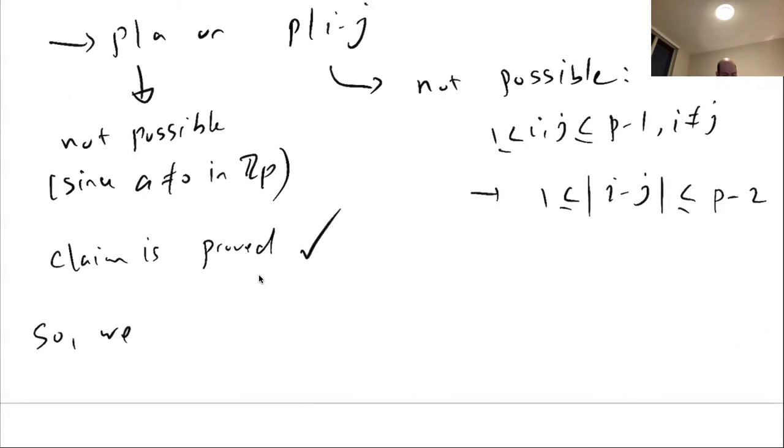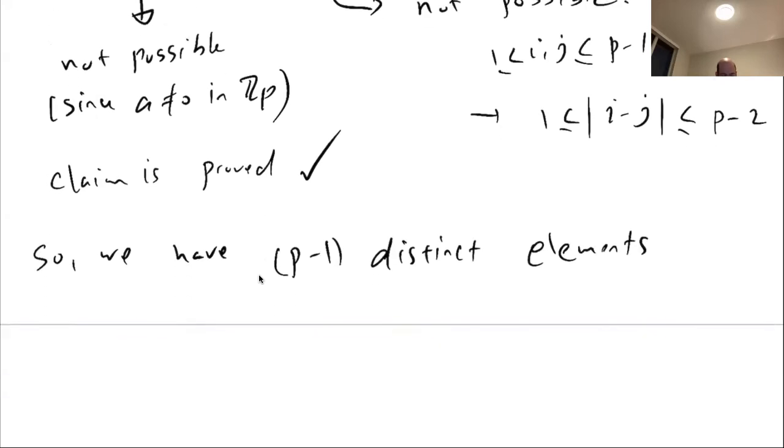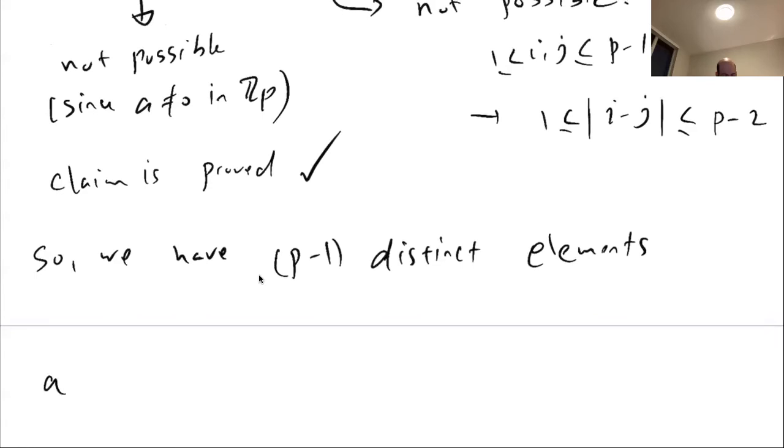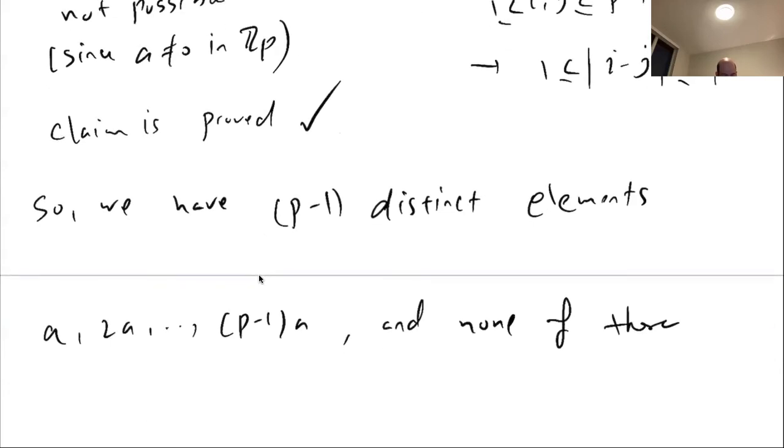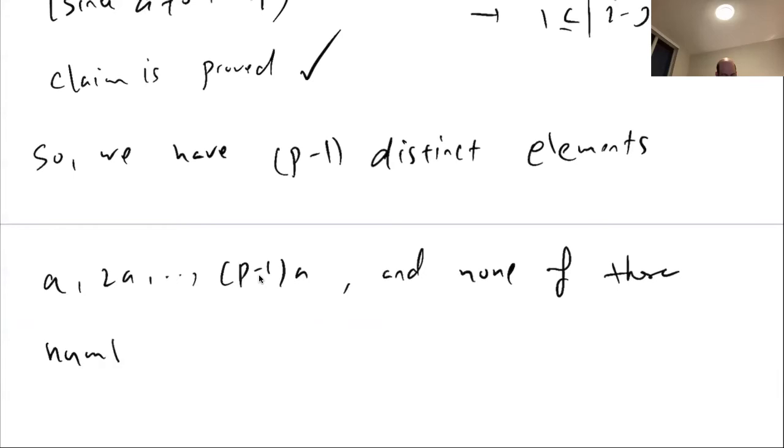So we have p minus 1 distinct elements, a to p minus 1 times a, and none of these numbers are 0, right?